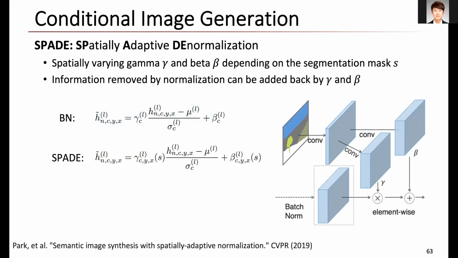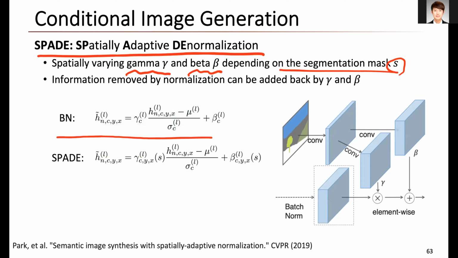SPADE, spatially adaptive denormalization, tries to extract, especially, pairing gamma and beta depending on segmentation mask S. In conventional batch normalization, this gamma and beta are just learned, right? Globally learned across the whole spatial resolution.